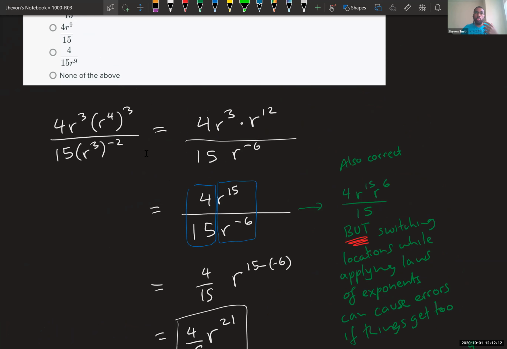And yes, with one thing, you're not going to notice how much extra taxing on your brain that is. But trust me, when there are a bunch of things that you're moving around, it gets more complicated quickly. To keep things based on the rules that I gave you for laws of exponents is a lot more efficient, and it causes you to make fewer errors. And that's just something that you'd want to keep in mind in general.